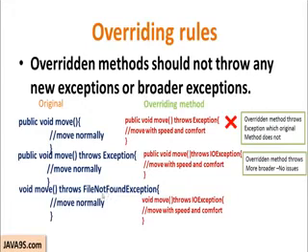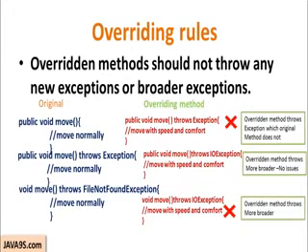Here I'm throwing a FileNotFoundException in the original, and a broader exception, IOException, in the override, which is not acceptable. For someone who has implemented a catch for FileNotFoundException, an IOException will not fit their catch block and the exception will be thrown out. So the compiler will not allow this kind of overriding.